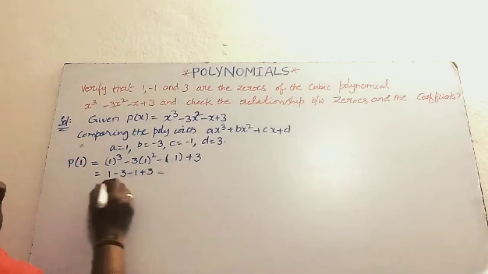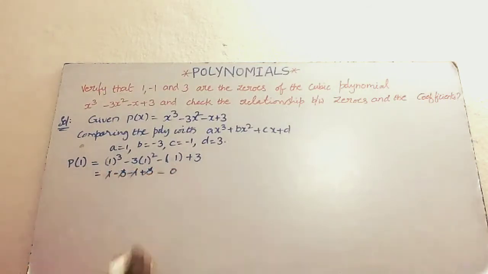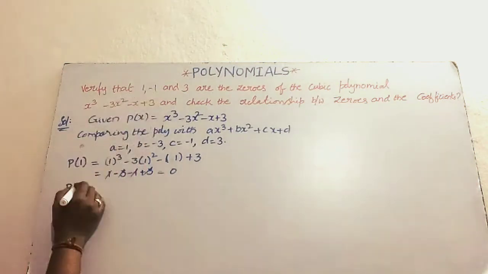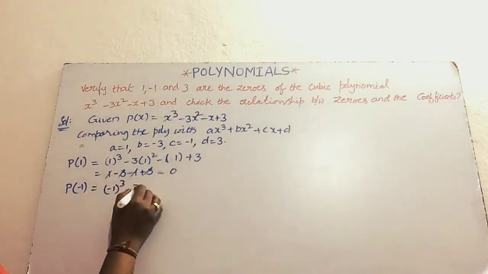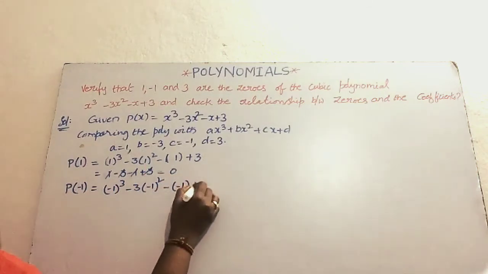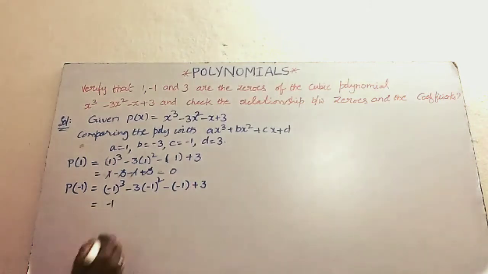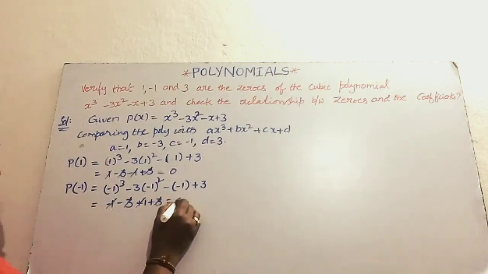Plus 1 and minus 1 get cancelled, plus 3 and minus 3 get cancelled. So 0. So next P of minus 1. Then minus 1 whole cube minus 3 into minus 1 whole square minus of minus 1 plus 3. So that means minus 1 minus 3 plus 1 plus 3. So this is also 0.